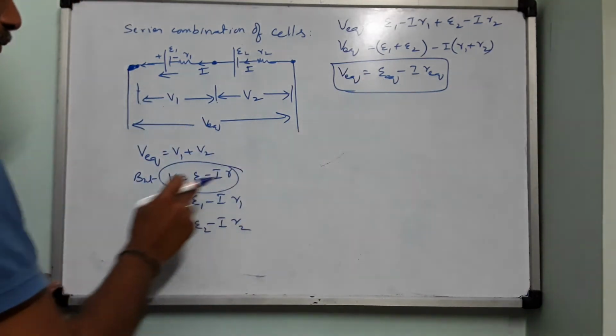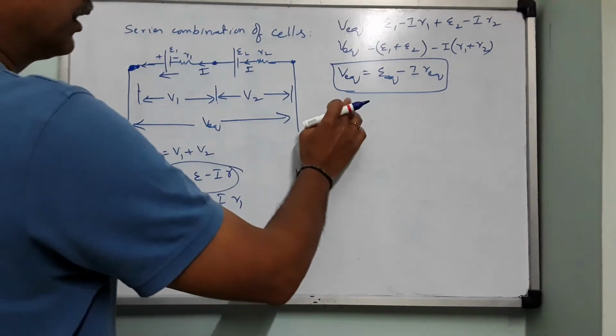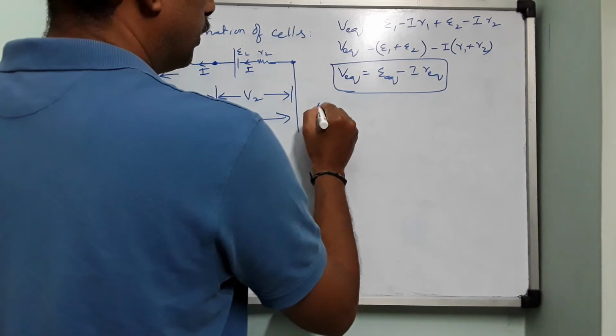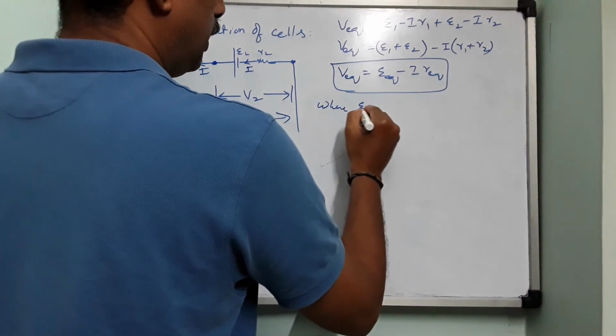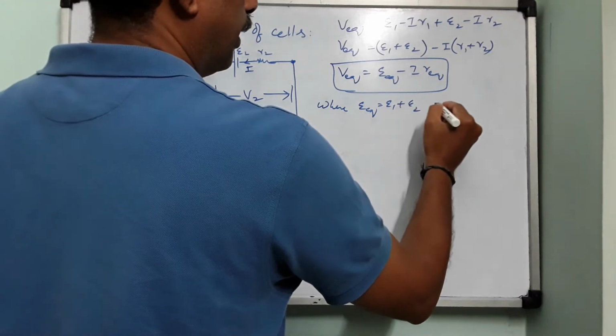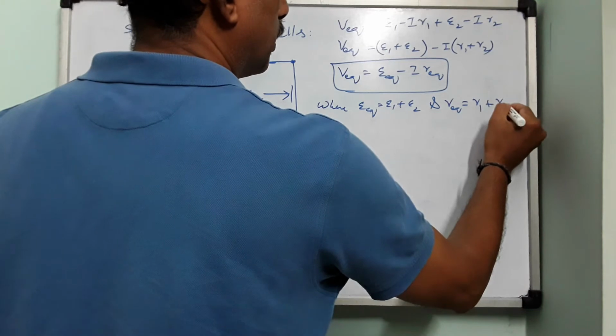They have a similarity. For a single cell, the terminal potential difference is written like this. For a combination of cells in series, it will be written like this. Where E equivalent equals E1 plus E2 and R equivalent equals R1 plus R2.